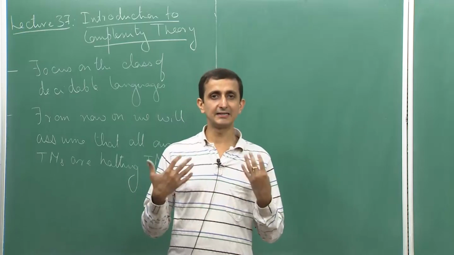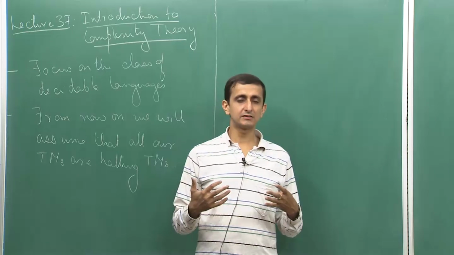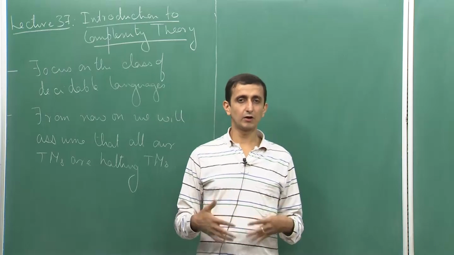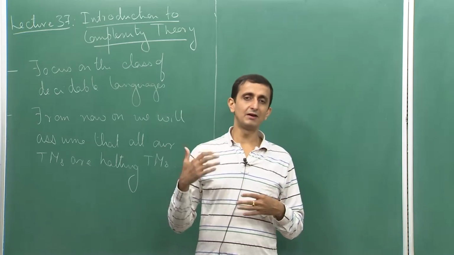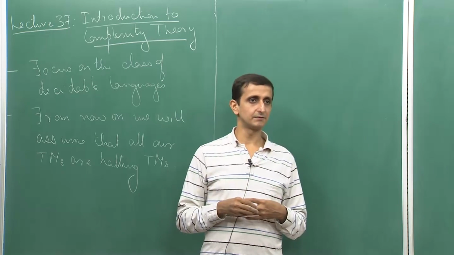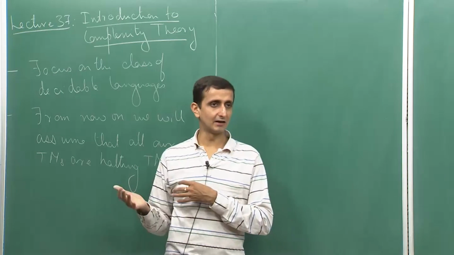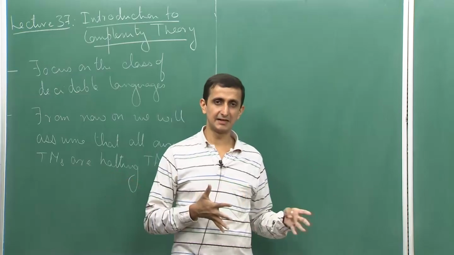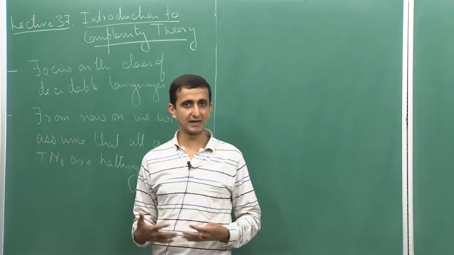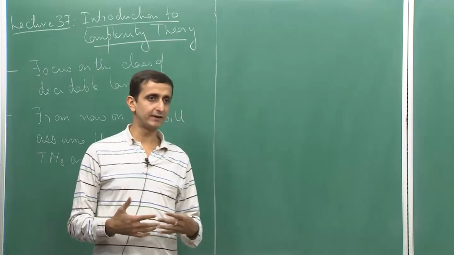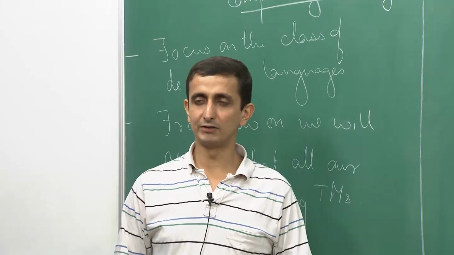So, if you are looking at, let us say, time as a resource, then we will try to see how much time it takes for a Turing machine to come up with its answer, and depending on the amount of time we will classify languages into different classes. Okay. Languages which take more time should be in one class, languages which take less time should be in another class, and so on. Similarly, for a resource like space also we will classify based on the number of cells that the Turing machine uses to come up with its answer.